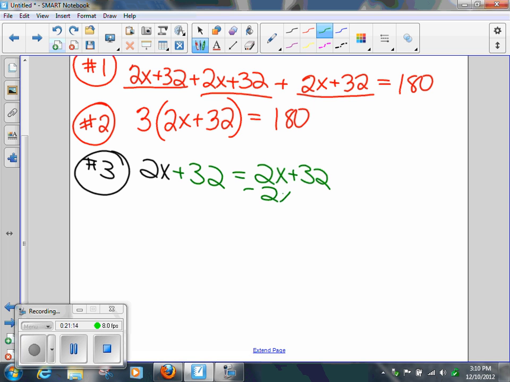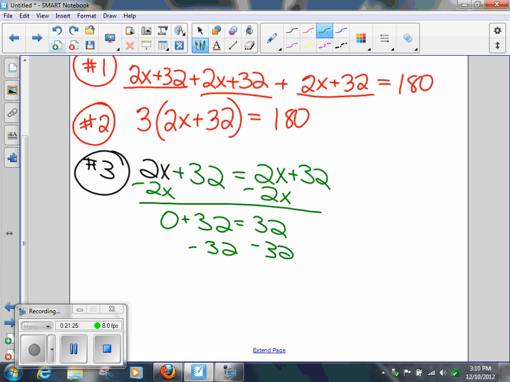Subtract 2x, subtract 2x. What just happened? Can I have an angle measure equal to 0? Does that kind of cause us to chase our tail? Kind of puts us in circles, doesn't it? So this is not what we want to do.